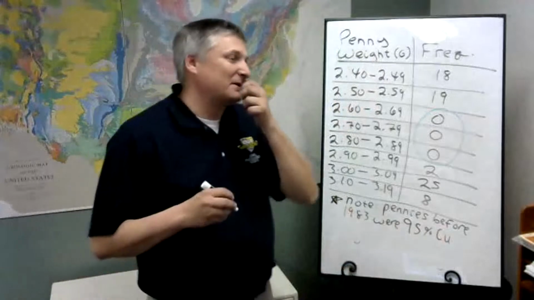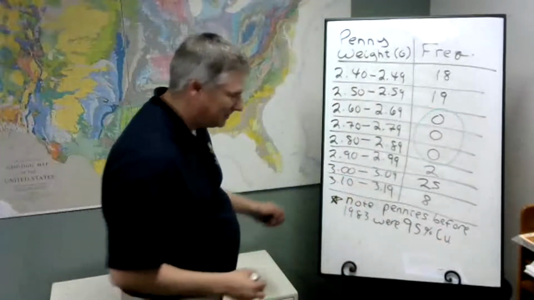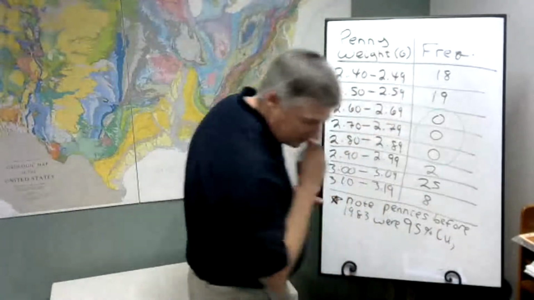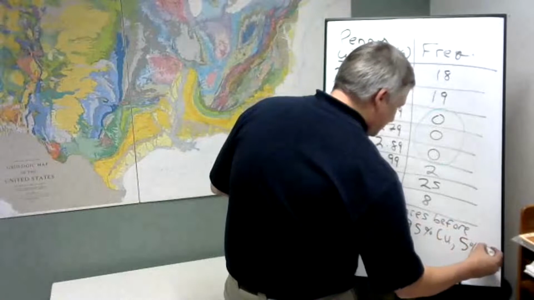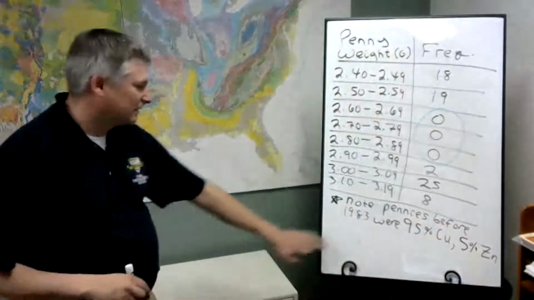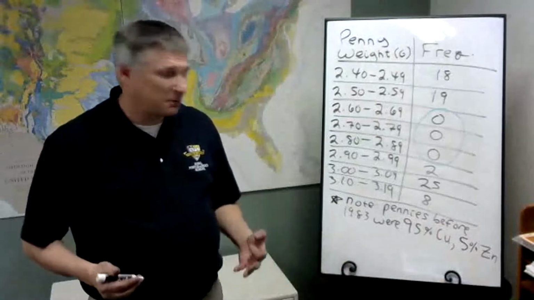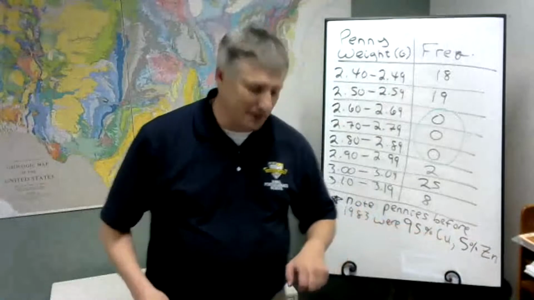It's an alternative name for copper. And then 5% zinc. So before 1983, pennies are mostly copper, a little bit of zinc.